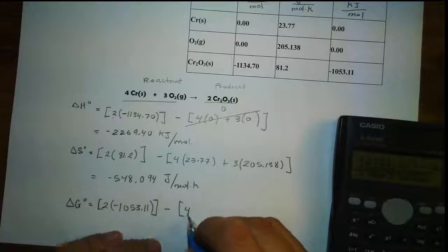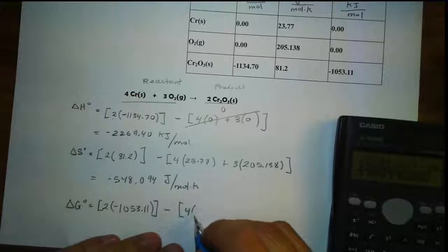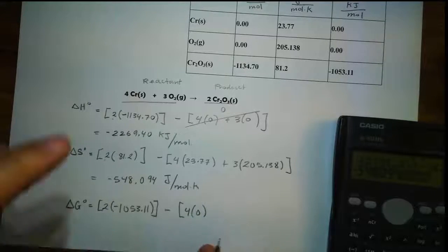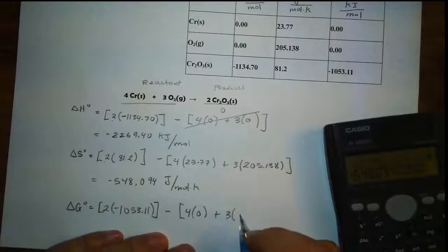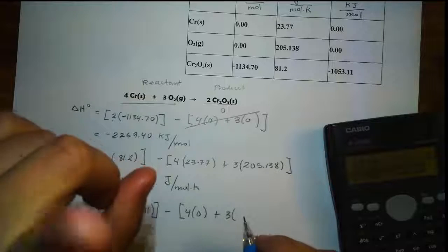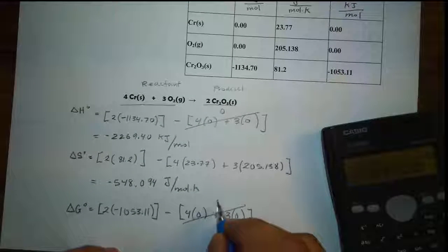So we have 4 times chromium. Notice how this is an element. I know right away it is 0, and we can prove that right there. See right there, 0. And then we also have oxygen, which I know right away is 0 because it's an element. So this can simplify to 0.